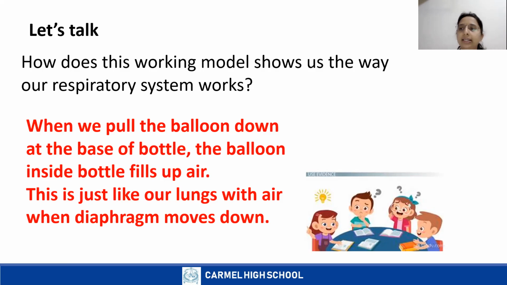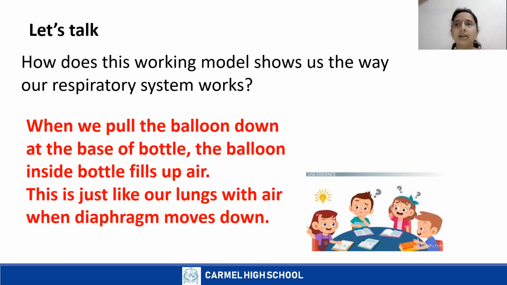Are you all understanding? What all things will we require to prepare the working model? We'll require one plastic bottle and 2 balloons. Or if you are using 2 balloons inside, then we will require 3 balloons, children: one at the base and 2 inside.